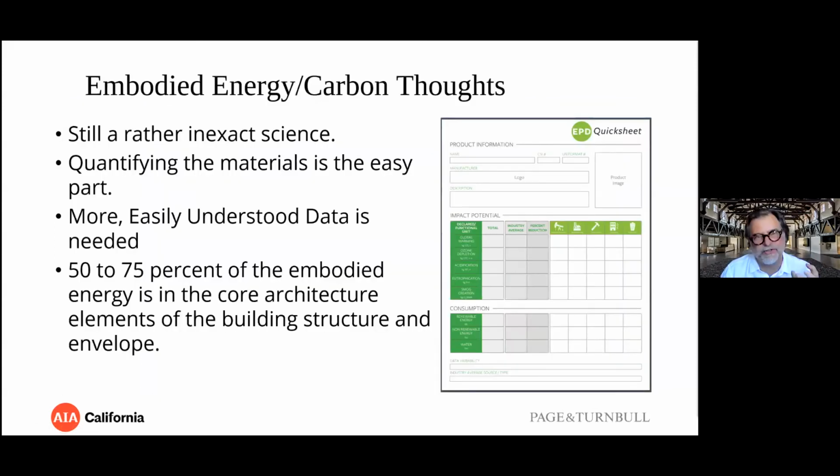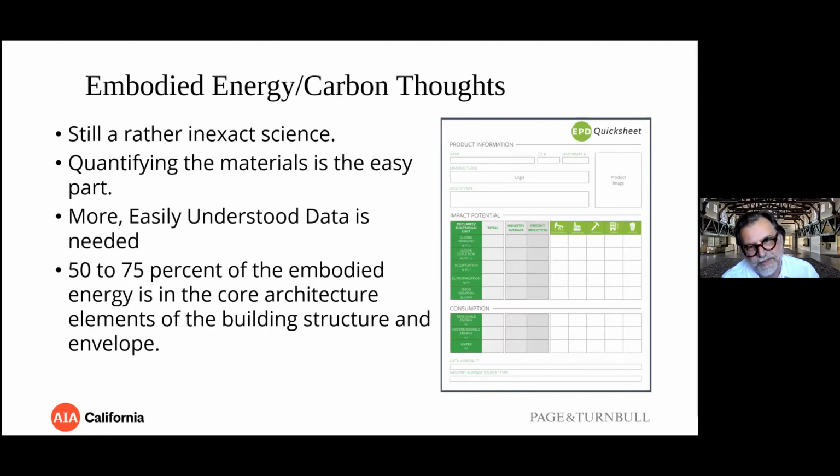So I wanted to share a few thoughts in wrapping it up. There's still a data lag when we go to look for, particularly, I like to try to compare historic materials and what may have been invested in them versus new materials.